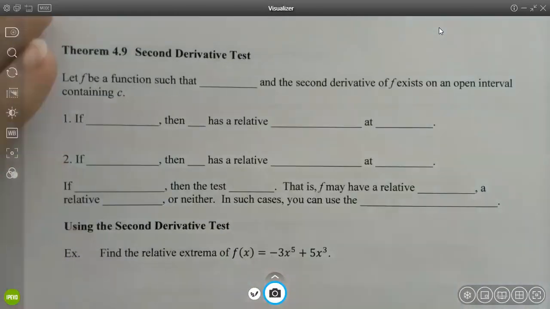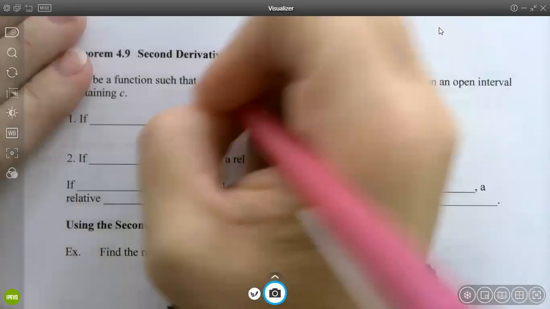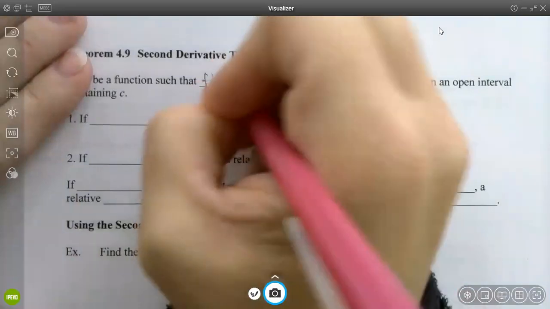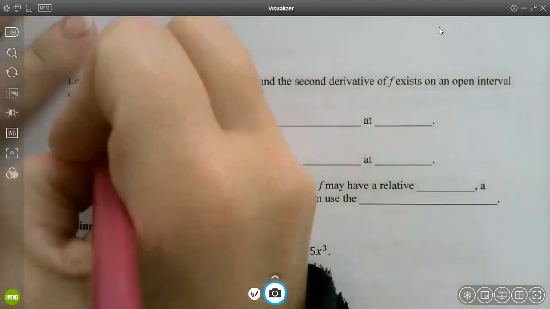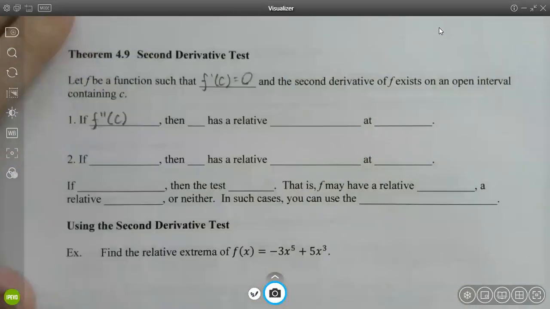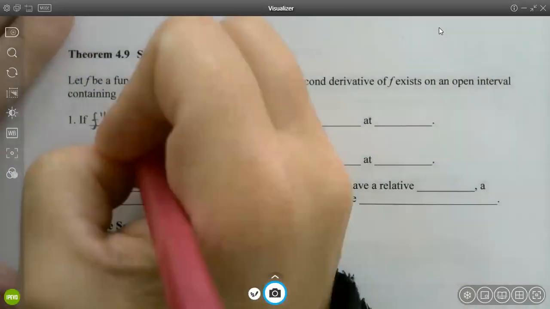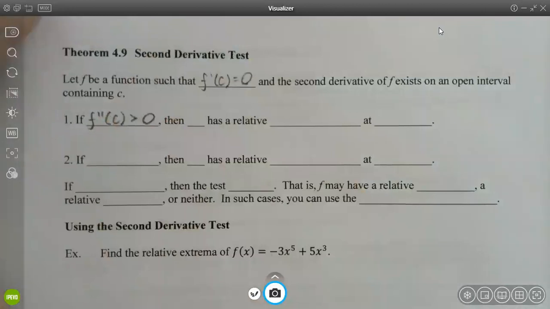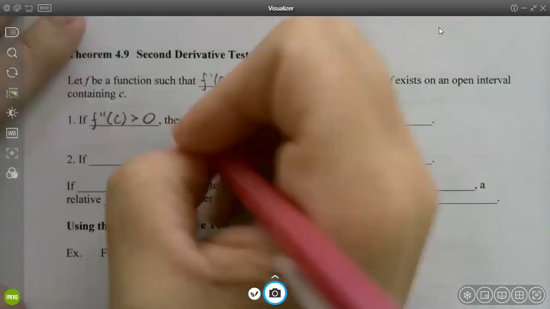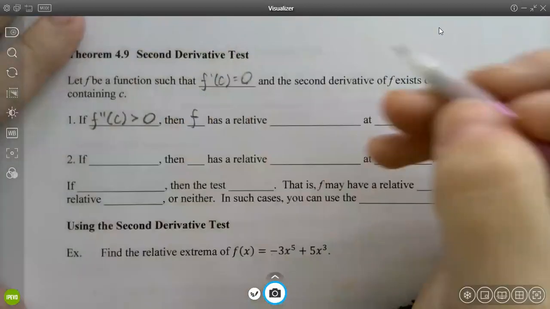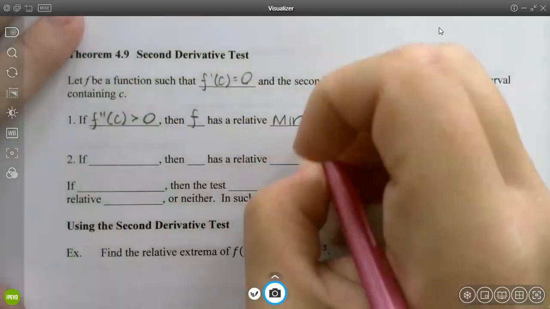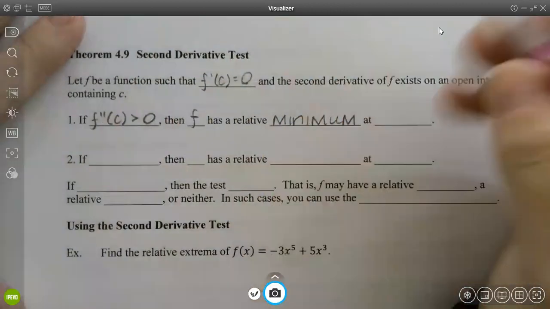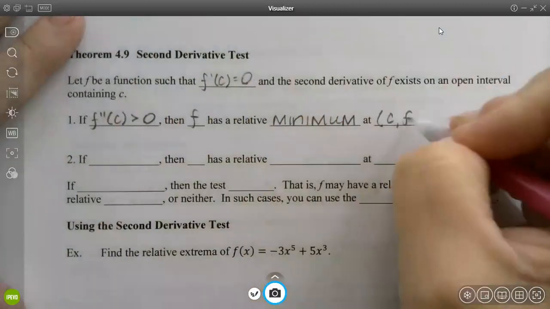Let f be a function such that f prime of c equals 0, and the second derivative of f exists on an open interval containing c. If f double prime of c is greater than 0, then f has a relative minimum at c, f of c.